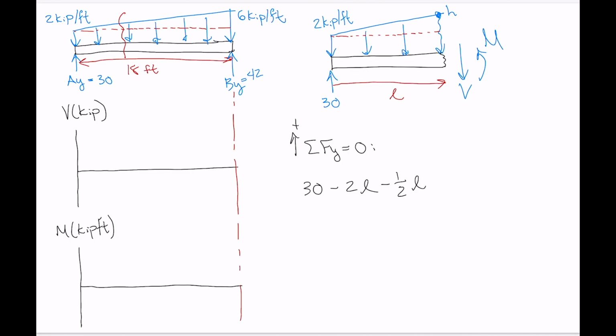we know that if we draw the triangular portion of the full distributed load here, this side here is 0, and this side here is 4 kip per foot, and this whole base length is L here.